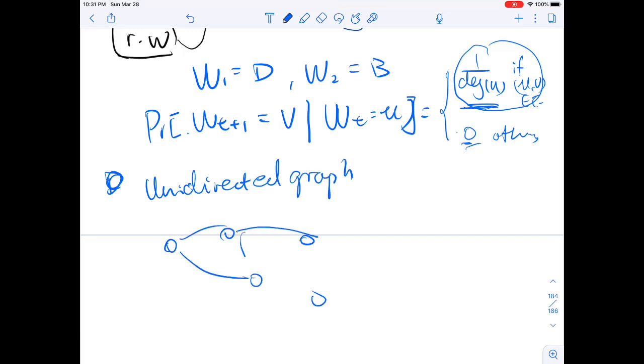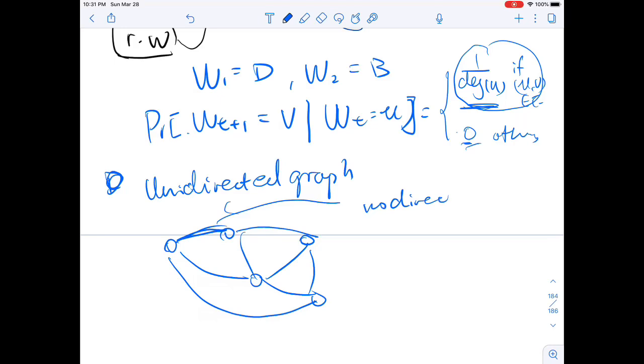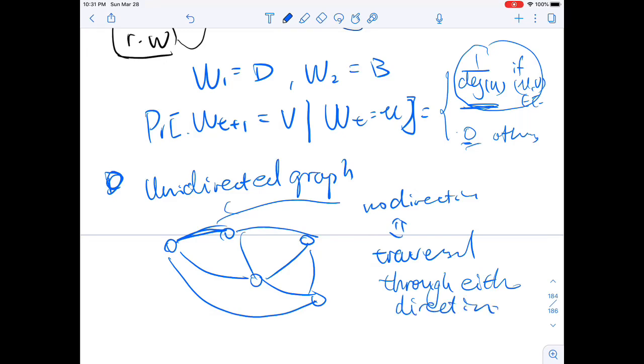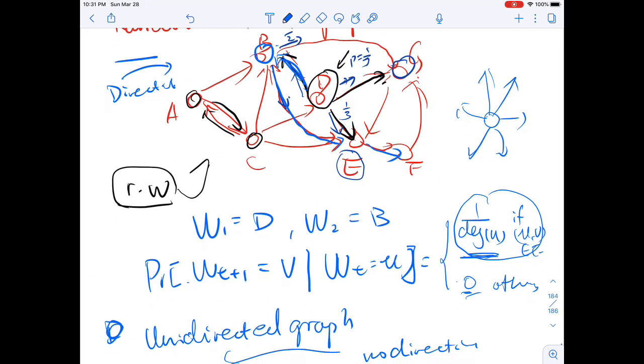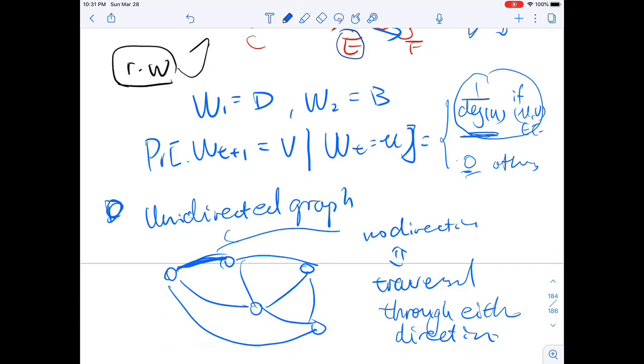That also implies that you can traverse through either direction. What does that mean? When there's a direction on the edge, you can think of it as a one-way road. When there's no direction, you don't have any constraint on the direction of the traffic.